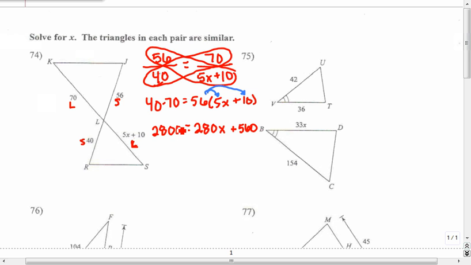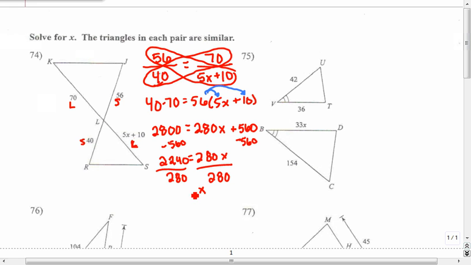We can do 4 times 7 is 28 and put our 2 zeros on the end. So now we need to subtract that 560. So we've got 280x is equal to 2,000 what? 2,000 how much? 240. So now we divide by 280.